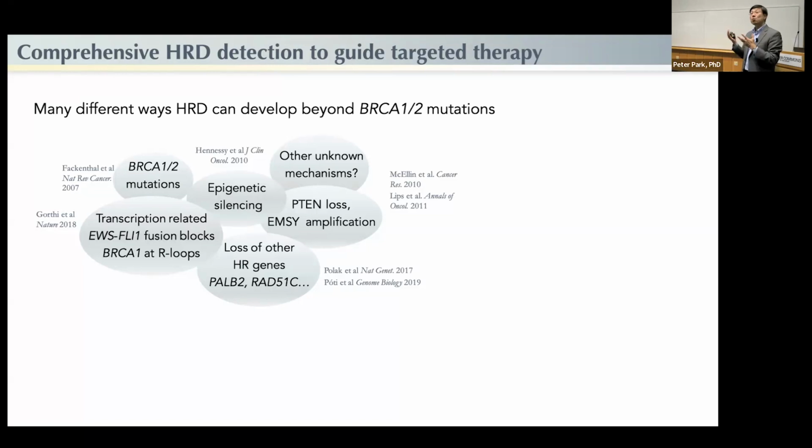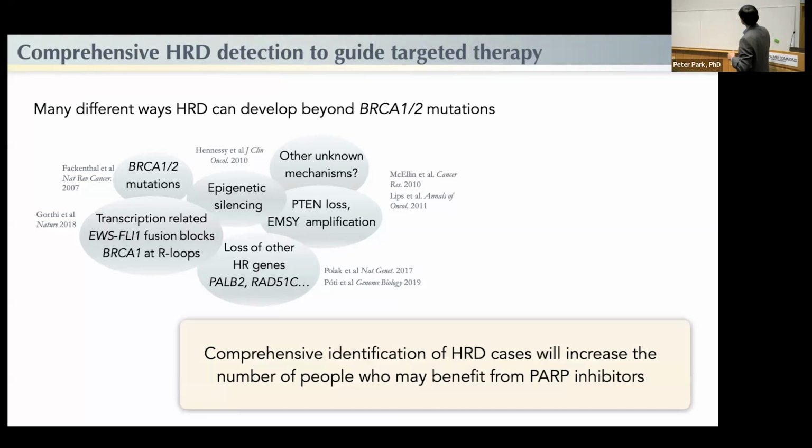That's why it's more efficient than trying to do multiple assays or find a comprehensive list of genes. And so our goal is to comprehensively identify HRD cases that will increase the number of people that will benefit from PARP inhibitors, because we have this amazing drug. We just need to know who to give it to.